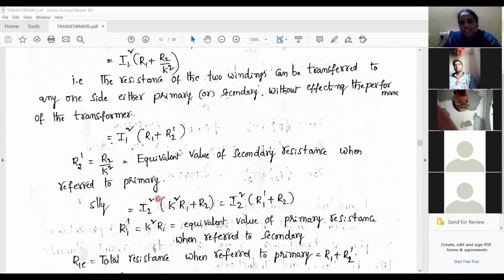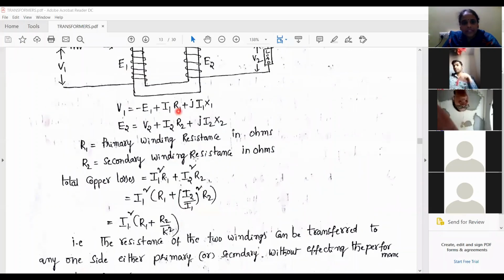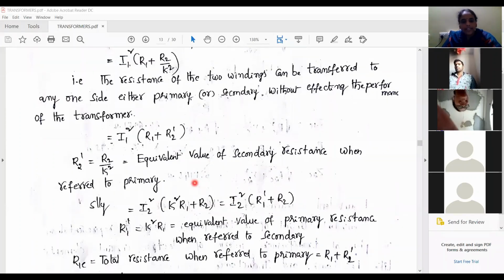The total copper loss is I1 square R1 plus I2 square R2. If I take the I2 square term common, this becomes I1 by I2 whole square. I1 by I2 is 1 by K. So it is K square into R1 plus R2. Is it clear?